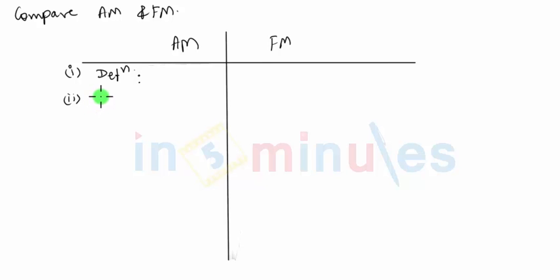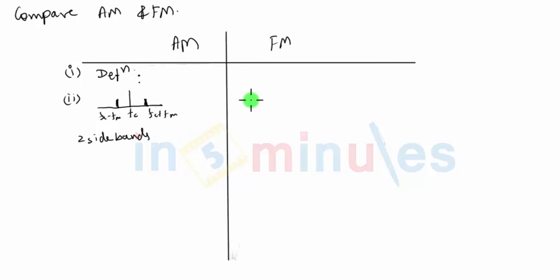The second point will be the frequency domain representation, in which we show the sidebands. In case of AM, there are only two sidebands. So this is, let's say, carrier frequency fc, this is fc plus fm, and this is fc minus fm. So there are only two sidebands. And that too, if we go for single sideband transmission, we also remove one of the two sidebands and we get only one sideband.